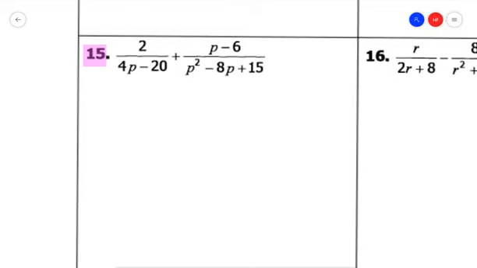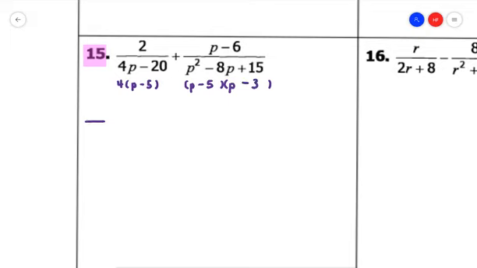Then on number 15, we need to make common denominators, but I have something that might be in common. So 4p minus 20, I can factor out a 4, which leaves me with p minus 5. P squared minus 8p plus 15, I can factor. Two numbers that multiply to 15 and add to negative 8 are negative 5 and negative 3.